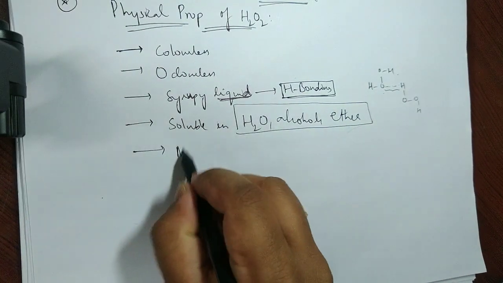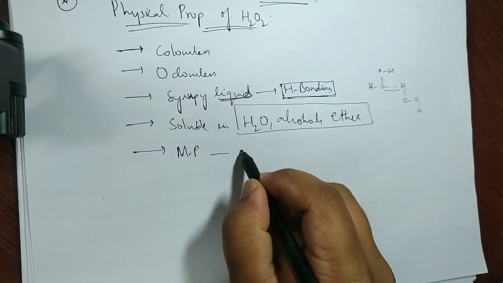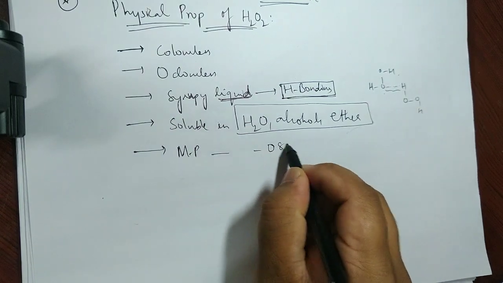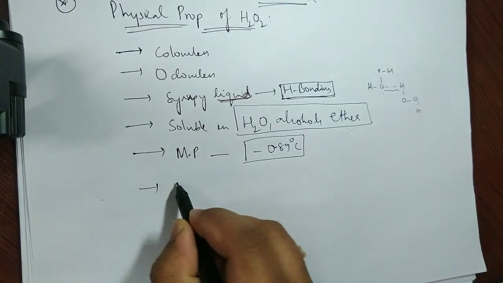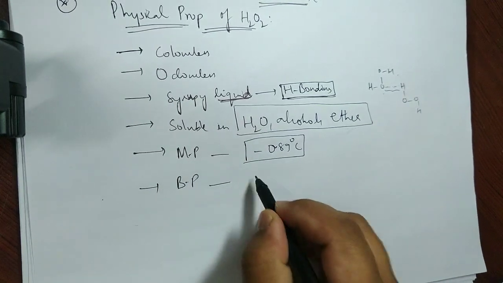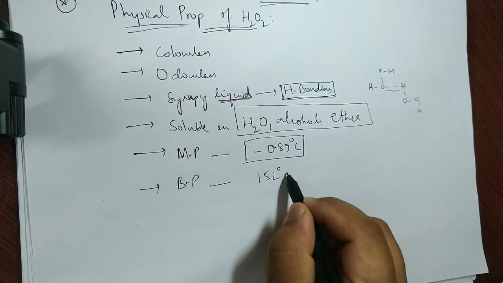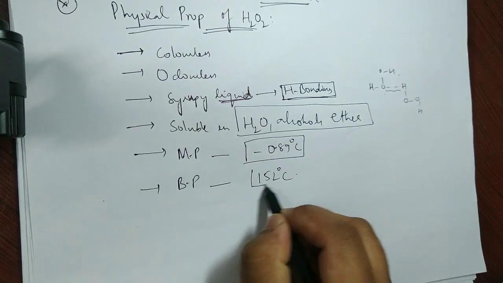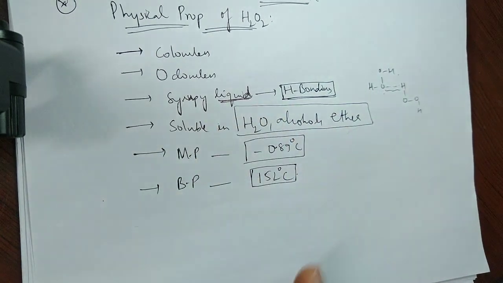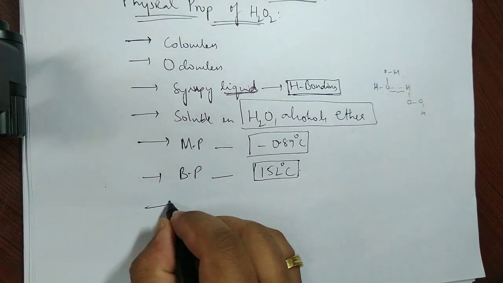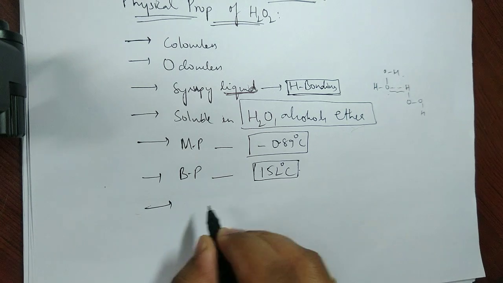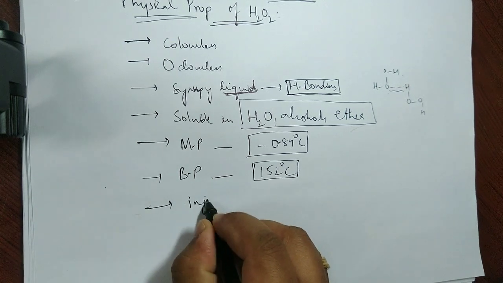Then its melting point is somewhere around minus 0.89 degrees Celsius, and its boiling point is 152 degrees Celsius. So this is about physical properties, nothing much. And yeah, this is harmful. In fact, it is injurious to skin.